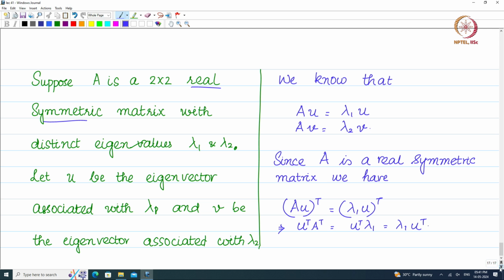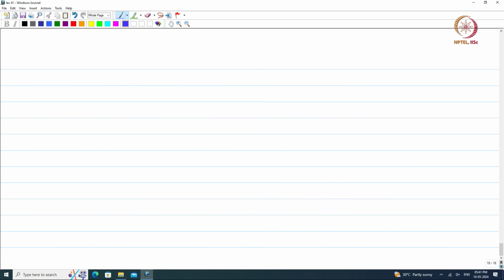We have this. Now, we know that A transpose is A. So, I am going to write this as u transpose A is equal to lambda 1 u transpose, because A transpose is A, right.